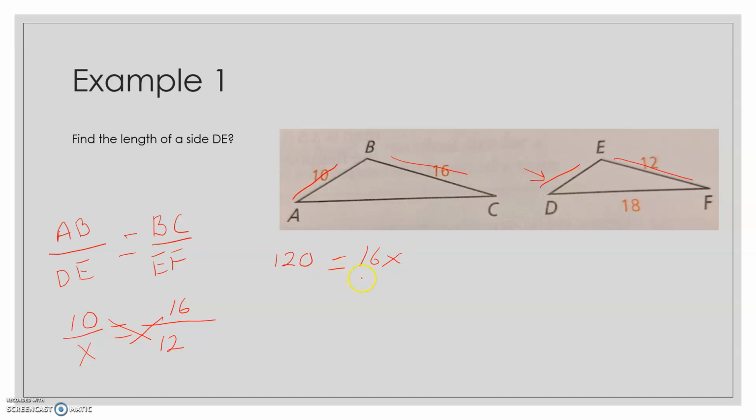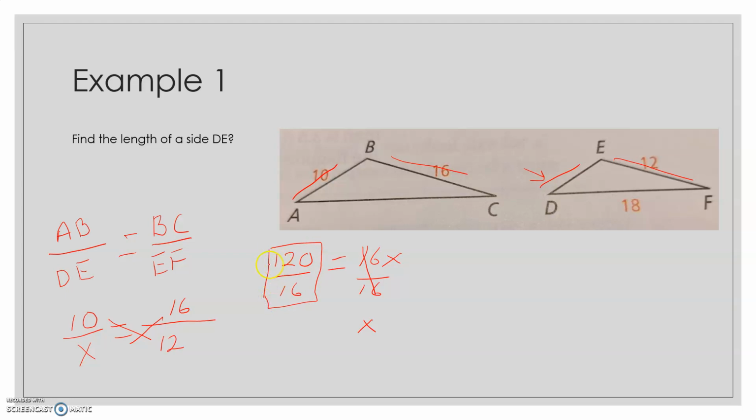Then we solve for the variable. We have 16 with the x, and we need to get rid of that 16. How do we get rid of a times 16? We divide by 16. What we do to one side, we do to the other. 16 divided by 16 is 1, so 1x is left, or just x. And that value, 120 over 16, is our correct solution.